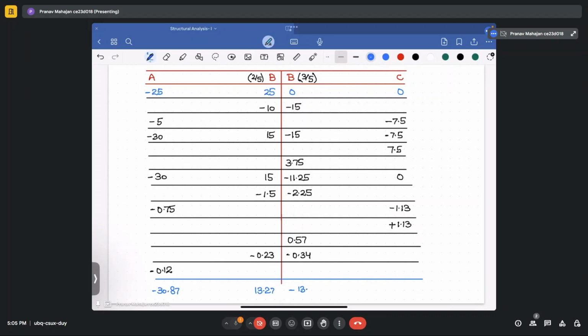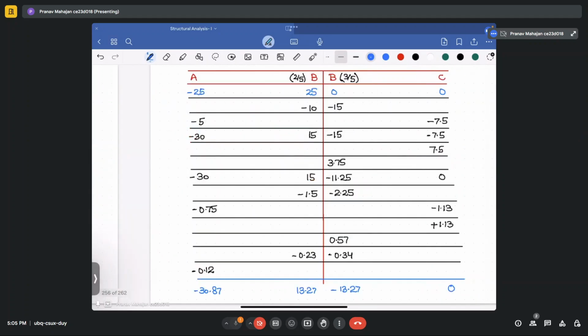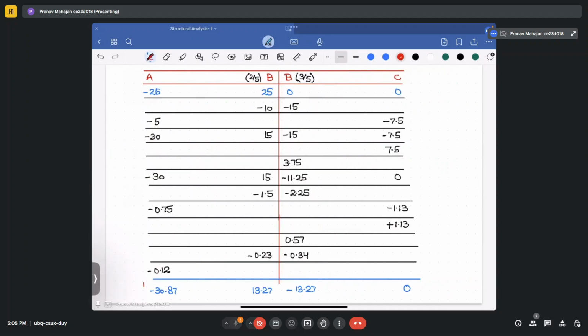This is minus 13.27, and this is 0. This is what we are required to calculate. If you want more precise values, you can proceed further and calculate the values based upon the distribution factors available with you. Okay, so what is required to be calculated? In this, you are required to calculate the absolute bending moment at A. So you got absolute bending moment as 30.87 kilonewton meter.